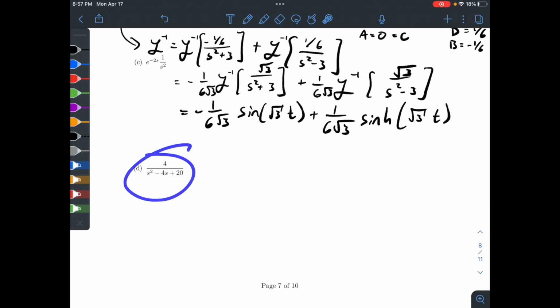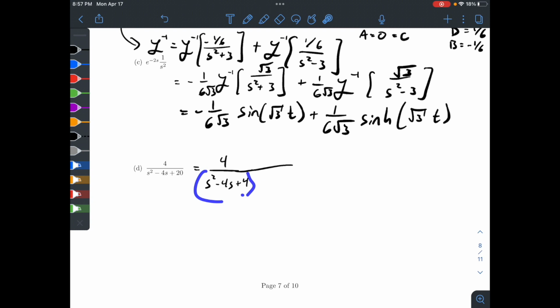Let's see. This one's worth doing. This one, we've done a lot of things similar to it, so we won't. This one we'll do though. Okay, so 4 over... we can't really factor this one. So what you want to do is complete the square over here.